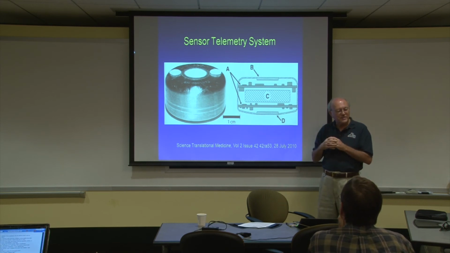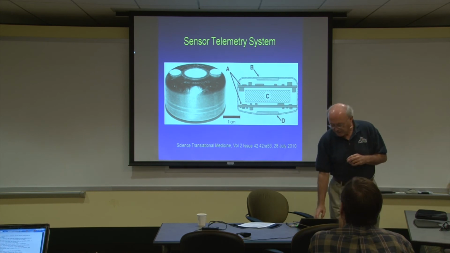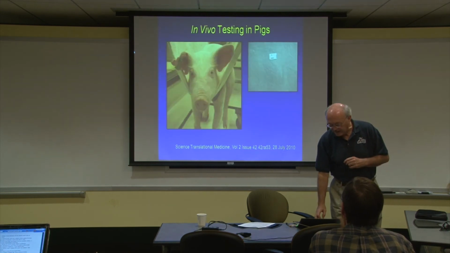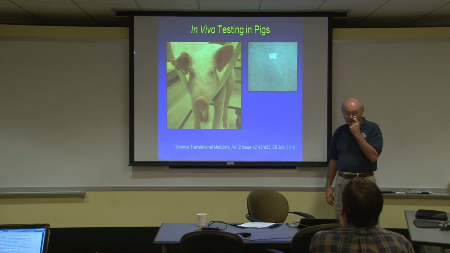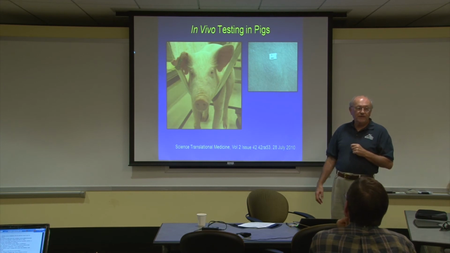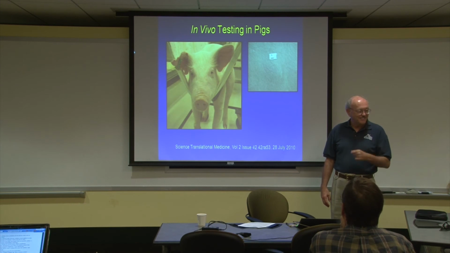So these little pads are there to help anchor it, or decorate it, whichever way you want to think about it. Here's the experimental subject, okay? So we have had a big pig farm going on across town with quite a few of these animals, each one having multiple sensors implanted, right?